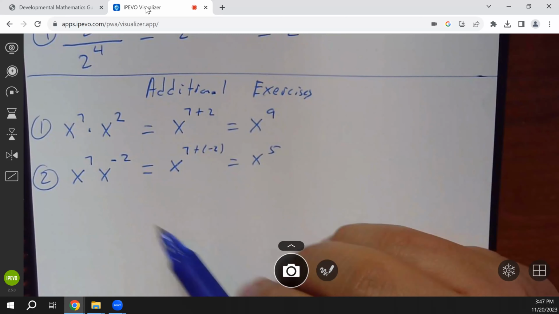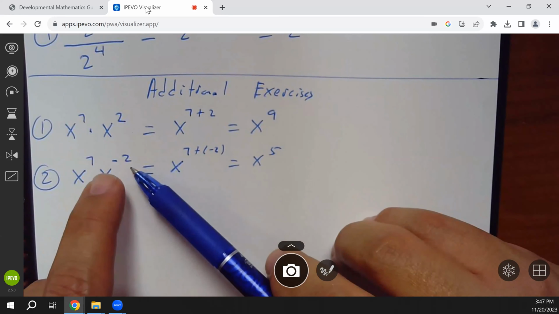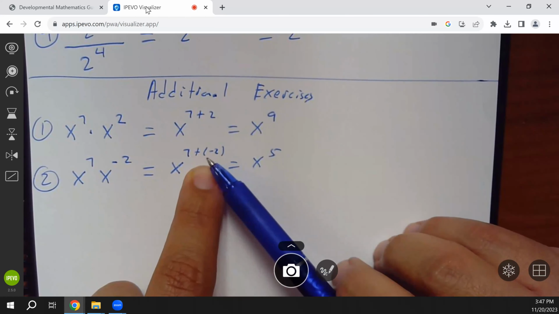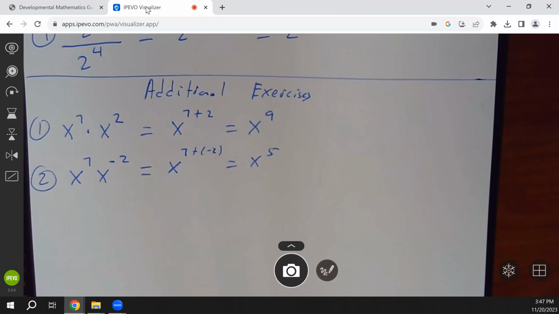Keep adding them together. Just remember that if you have a negative, you just put it in parentheses and be careful. If you have a double negative, make sure you cancel it.